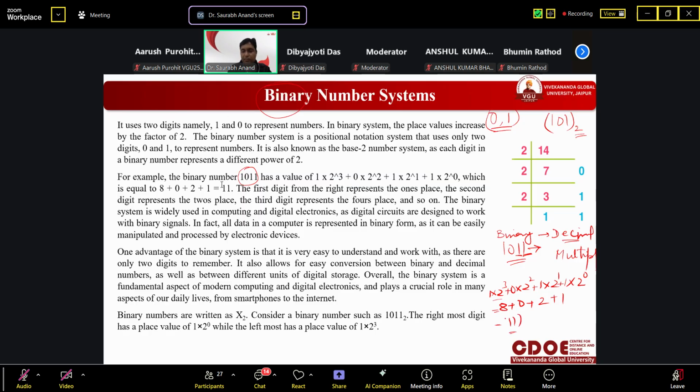Now this is decimal, so we write 10 here. So the binary number 1011 has the decimal value 11. Why do I call it eleven? Because it is the decimal value. If it is binary, we call it one one, not eleven. Getting it?